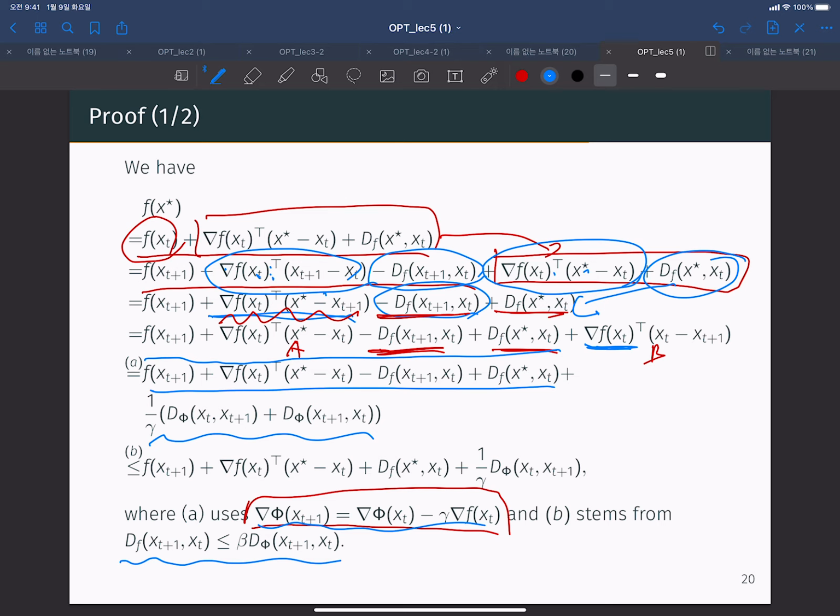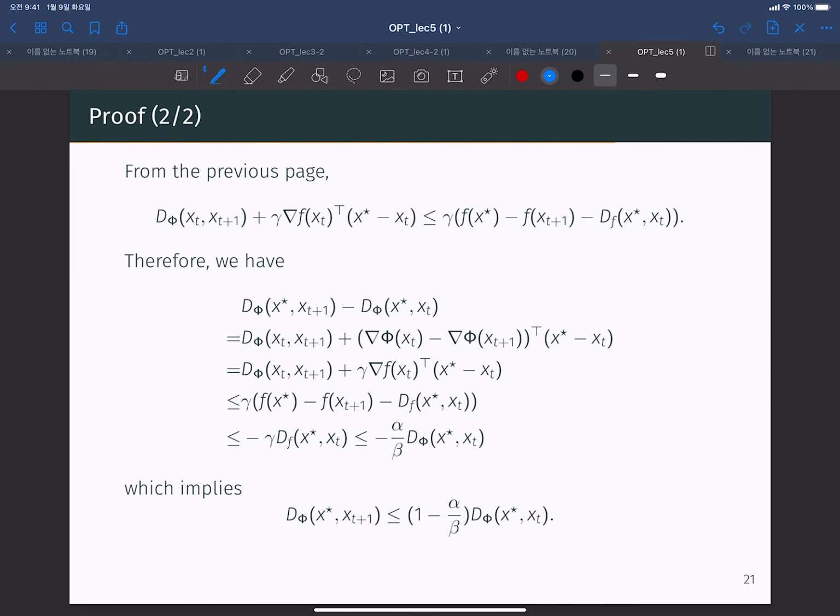From this, I can remove this one, this one, and this one with this inequality sign. So from the previous proof, we have this inequality.